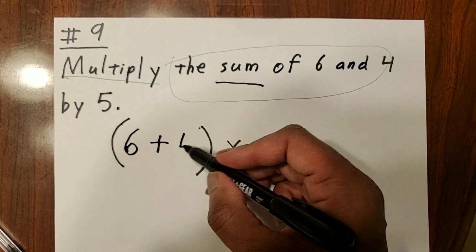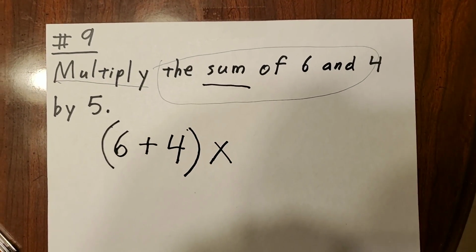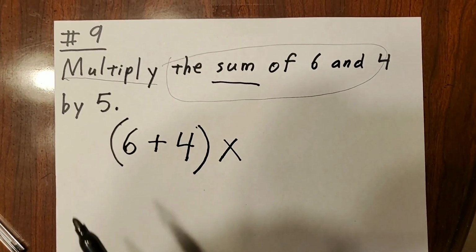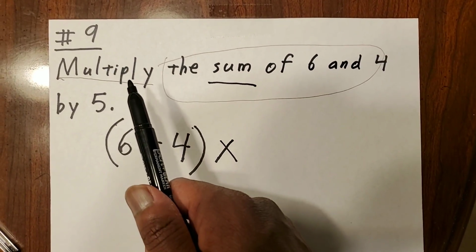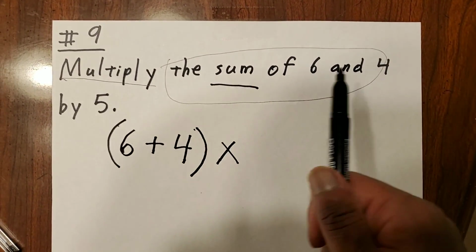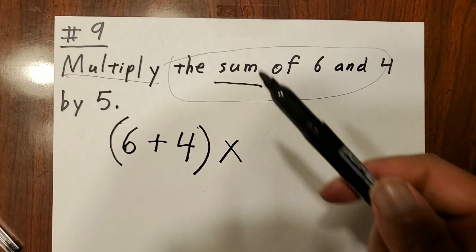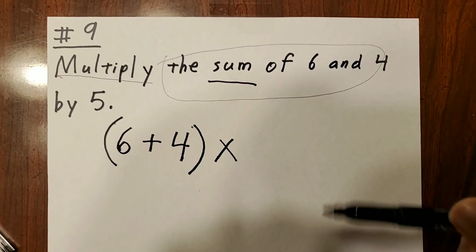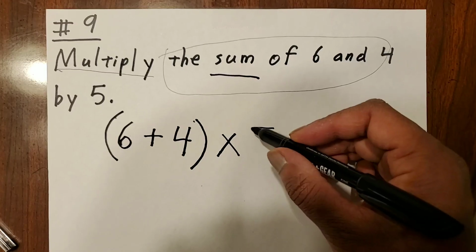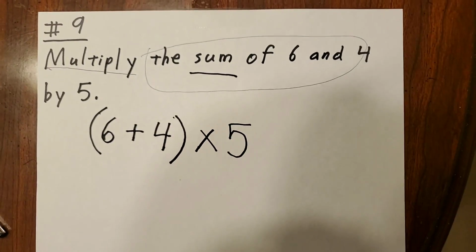So 6 and 4 is going to go right here. Now, are we finished? Not yet. Multiply the sum of 6 and 4 by what? By 5. So we're multiplying 6 plus 4 by 5. There we go.